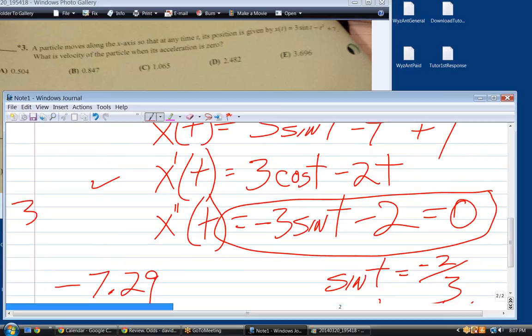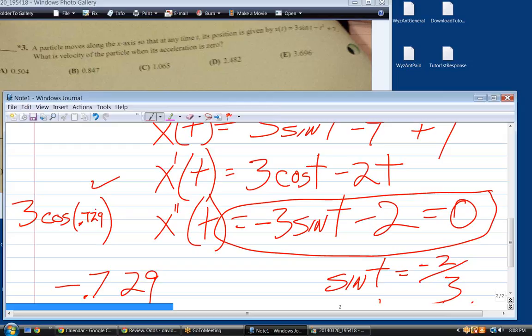So we need 3 times the cosine of negative 0.729. Of course, cosines can't be bigger than 1. What am I thinking? But notice I don't need the negative sign, because cosine of negative x is equal to cosine of x.